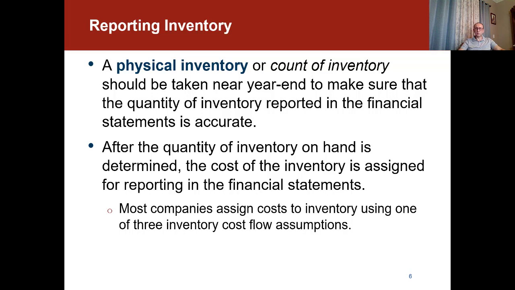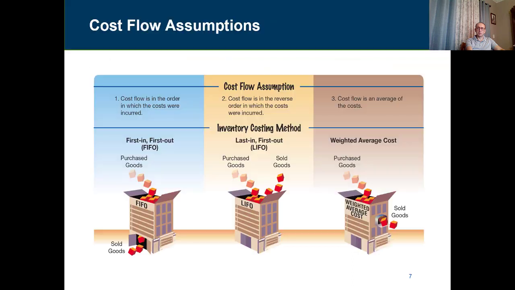So after the quantity of inventory in hand is determined, the cost of inventory is assigned for reporting in the financial statements. Most companies assign cost to inventory using one of three inventory cost flow assumptions. And we'll talk about that in a second. So we have three methods for cost flow assumptions.